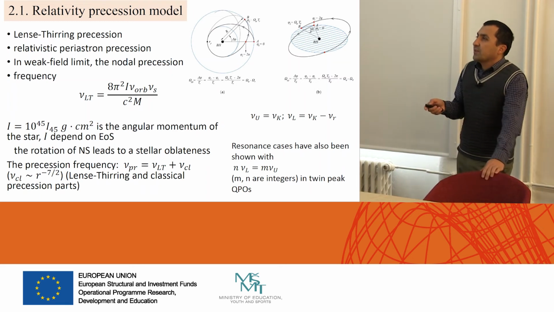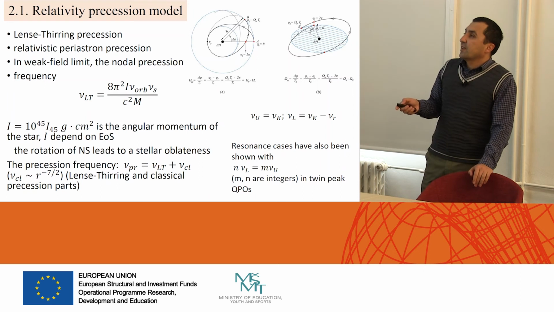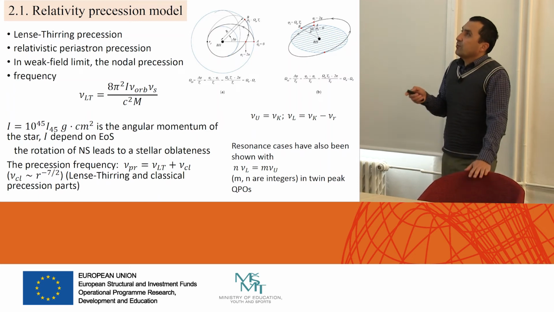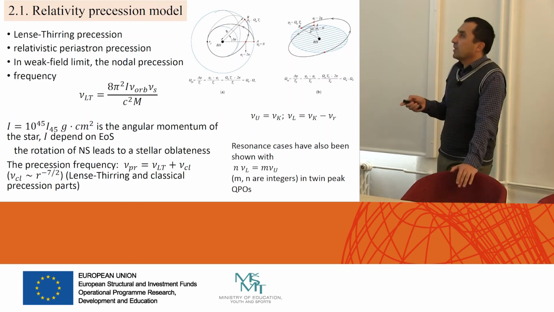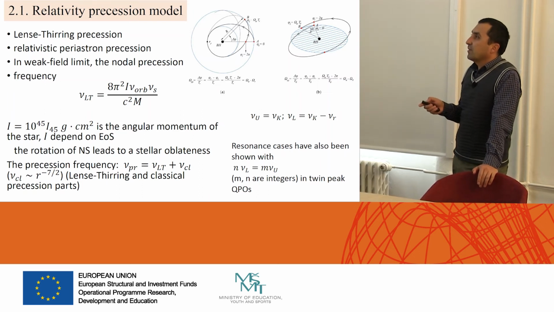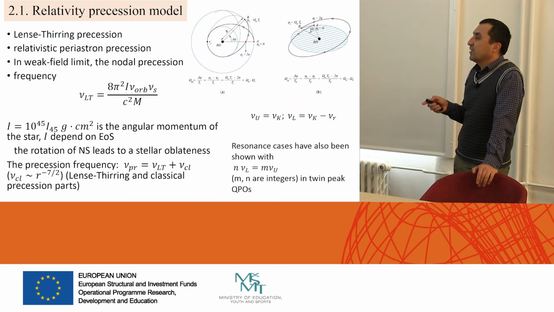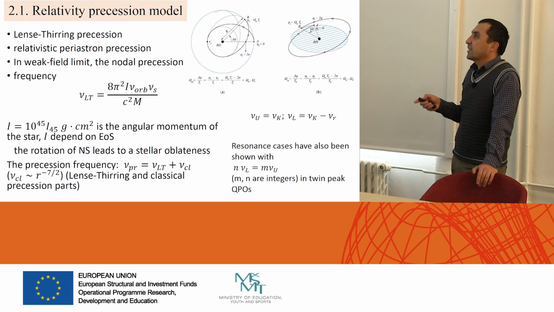So the precession frequency actually consists of two parts, the Lense-Thirring part and the classical precession part. And according to this relativistic precession model, the upper limit is always the Keplerian frequency, and the lower frequency of the twin peak QPOs is the difference between the Keplerian and the radial oscillations.